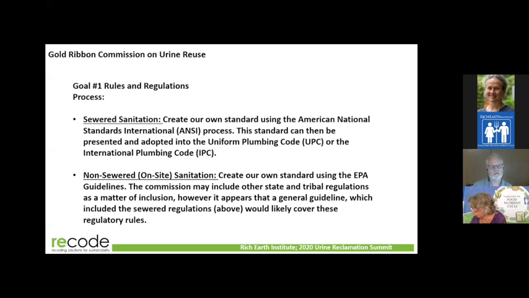If it's non-sewerage sanitation, it could be a manufactured product, it could be a site-built situation, and so on and so forth. We're really going to look at the top level rules and regulations first, and then get into things like site-built, inspections, operation and maintenance, that may be down the road.